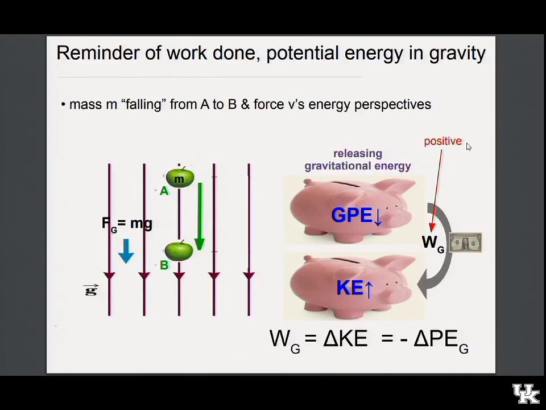So over here on the left-hand side, I'm thinking of a familiar situation, a falling body, from the force perspective. And over here on the right-hand side, I'm thinking of the same situation, a falling body, from the energy perspective. So here's the apple, and it falls downwards towards the ground.